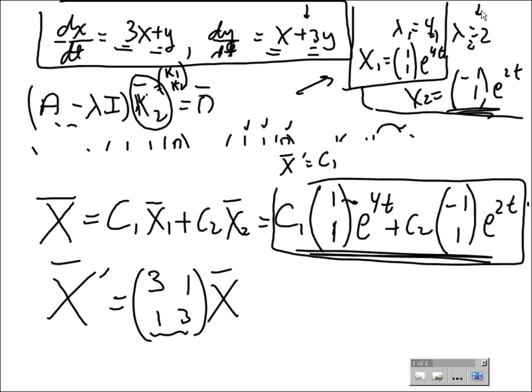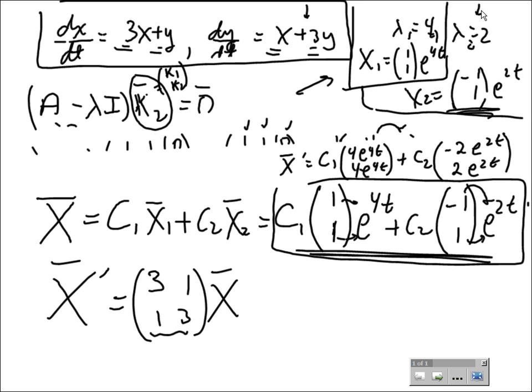The derivative will be 4 e to the 4t. Same for the bottom. It will be 4 e to the 4t. Plus c2. Negative 1 times that will be negative e to the 2t. The derivative will be negative 2 e to the 2t. 1 times that, the derivative will be 2 times e to the 2t.